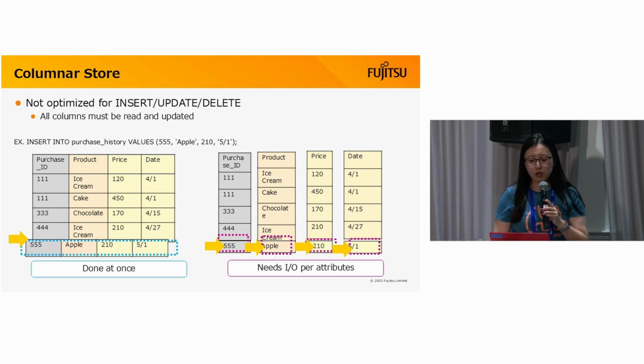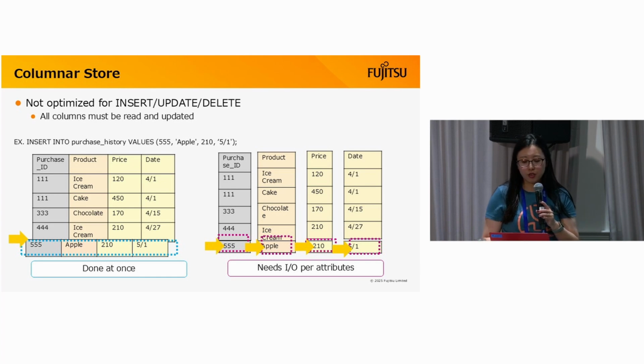This is because data is stored independently in each column, and all columns must be read and updated each time they are updated. This operation requires additional I/O and processing time compared to row format storage.